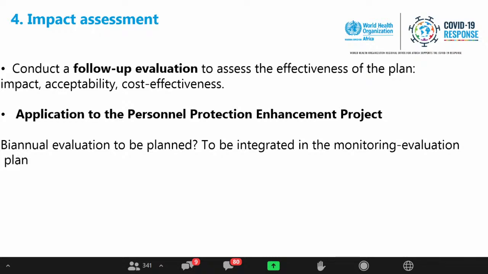And the result of this assessment should be integrated in the monitoring and evaluation plan.